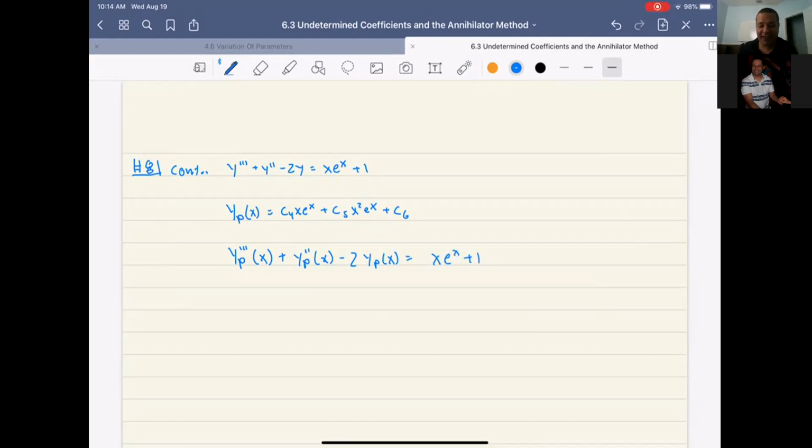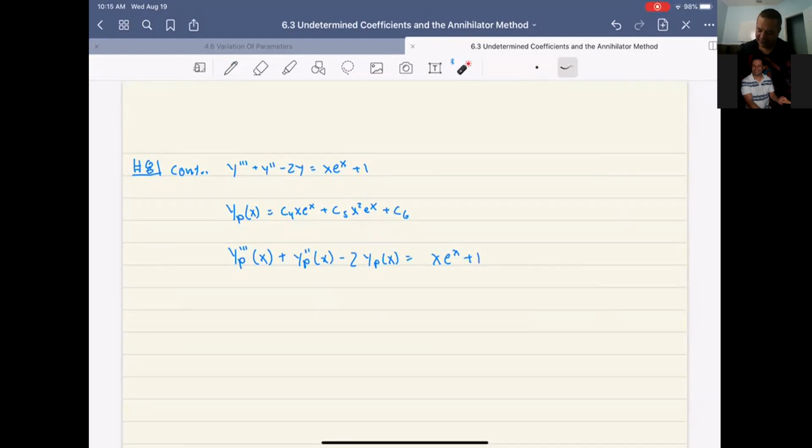Now, this x squared e to the x is going to make it a little bit of a pain to do. So I immediately said, you know what? This is a perfect example of let's use Sage. So let's get in there.